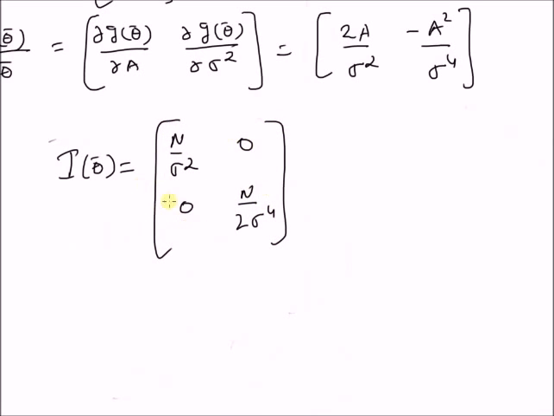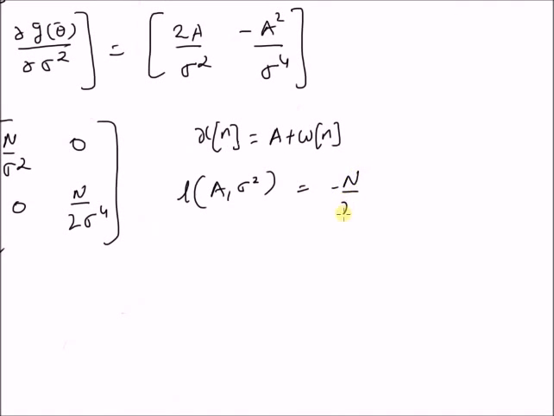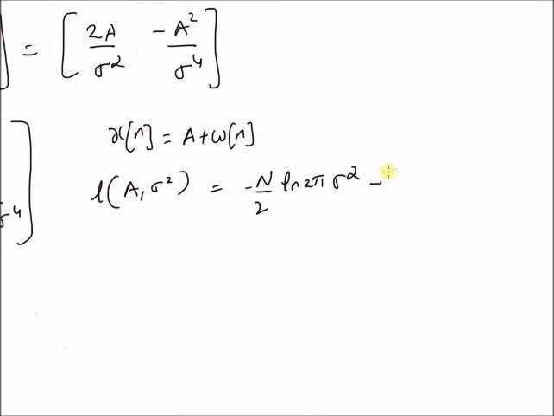So this is the Fisher information matrix corresponding to the linear model x of n is equal to a plus w of n, and the log likelihood function of the parameters a and sigma square equal to minus n by 2 logarithm of 2 pi sigma square minus summation n equal to 0 to n minus 1 of x of n minus a, whole square, divided by 2 sigma squared.